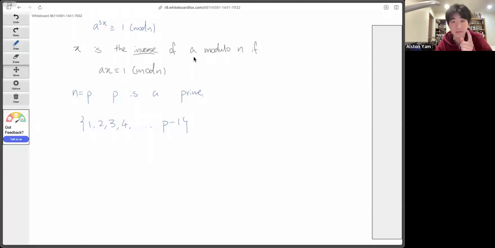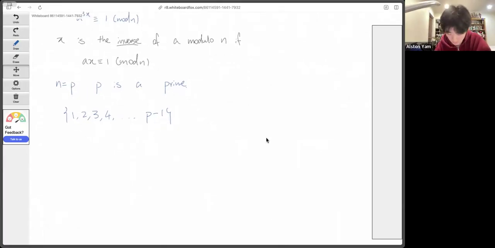And we have our integer a before. I'll also construct another set, which is all of these: 1, 2, 3, 4, all the way to p minus 1, and I'll multiply a to all of these. So we'll have a, 2a, 3a, all the way to (p minus 1) times a. So we have two sets of numbers.